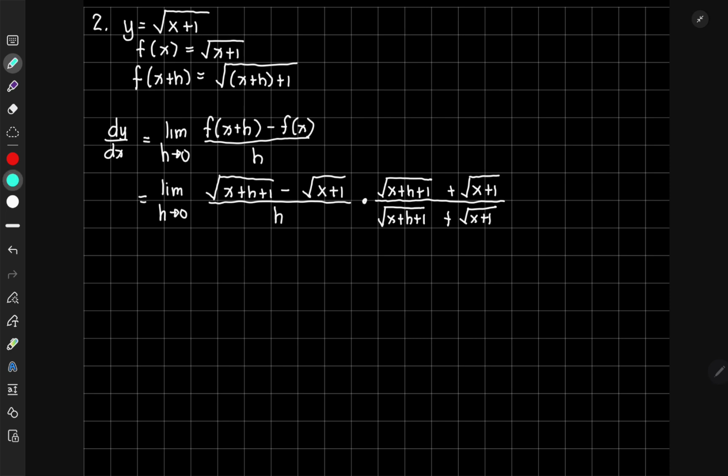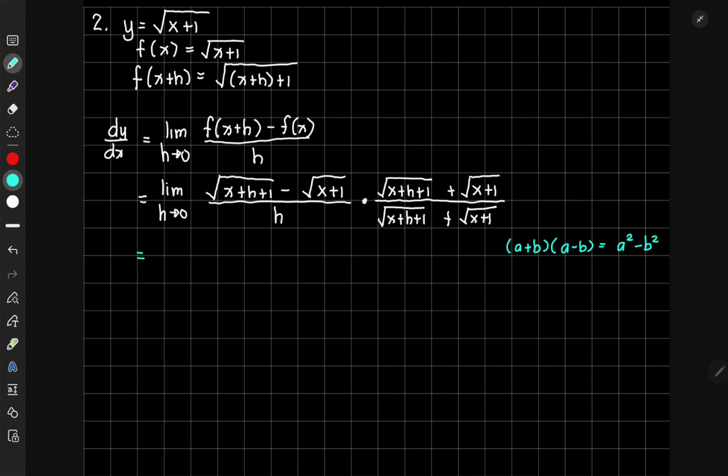So from dun sa pre-calculus ninyo, we have yung special product, which is we have a plus b multiplied by a minus b. So this will result to a squared minus b squared, which is, this one is also yung dun sa numerator natin, where our a dito would be square root of x plus h plus 1, and yung b naman, that is square root of x plus 1.